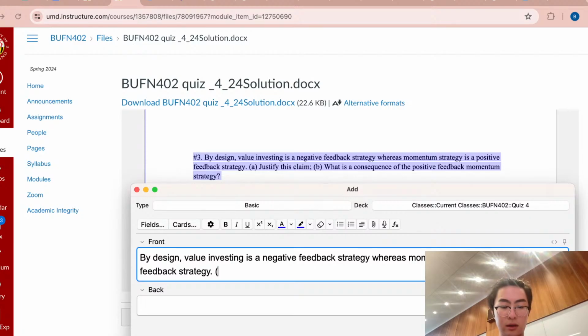So A, justify this claim. B, what is the consequence of the positive feedback strategy?